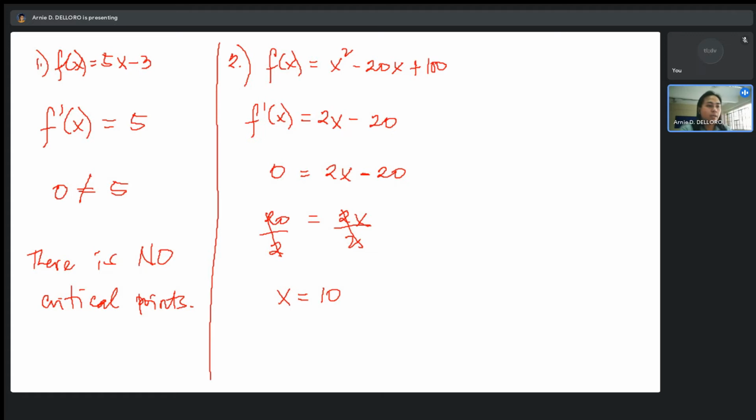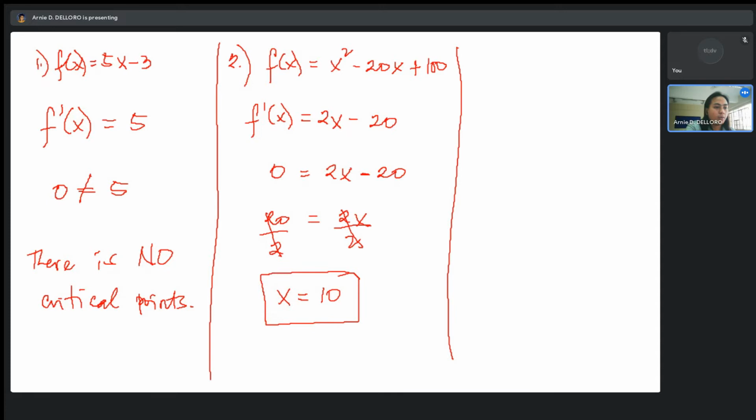Okay, so the critical point of the given function x squared minus 20x plus 100 is at x equals 10. Okay, the critical point or the critical value of the second function is at x equals 10. Next example.